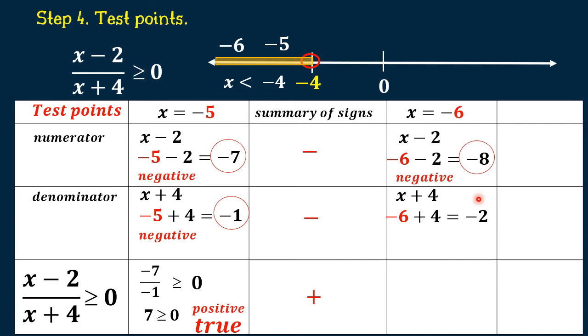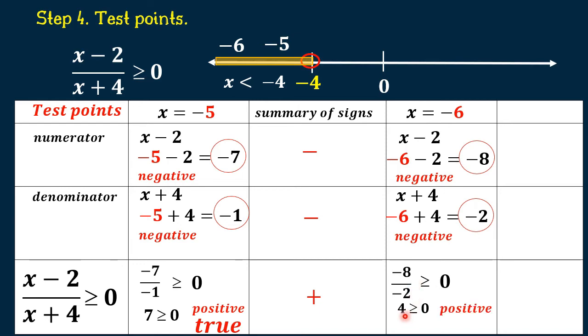Try also to your denominator, negative 6 plus 4 is negative 2. The result is still negative. And if we combine negative numerator, negative 8, divided by denominator negative 2, it is equal to positive 4.